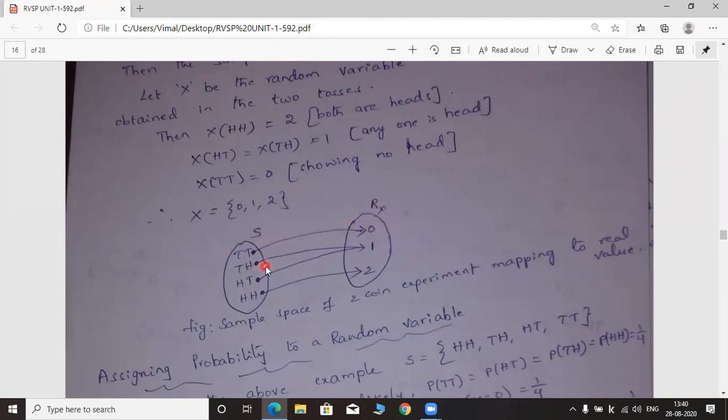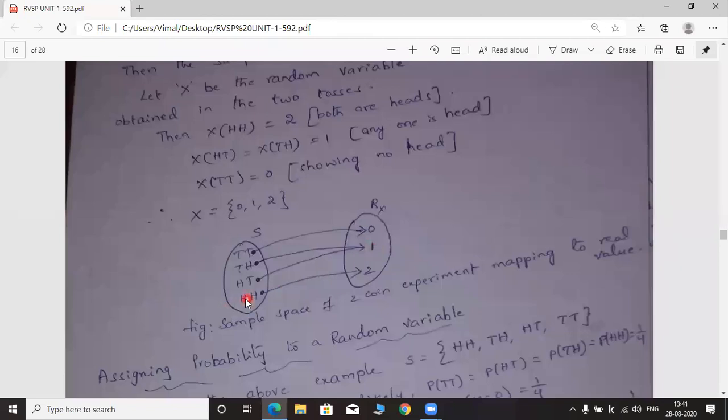Next, observe the next 2 possible outcomes: TH and HT. Tail, head and head, tail. These 2 events can be mapped to the value 1 because only a single coin is showing head at a time. That is the meaning of this.